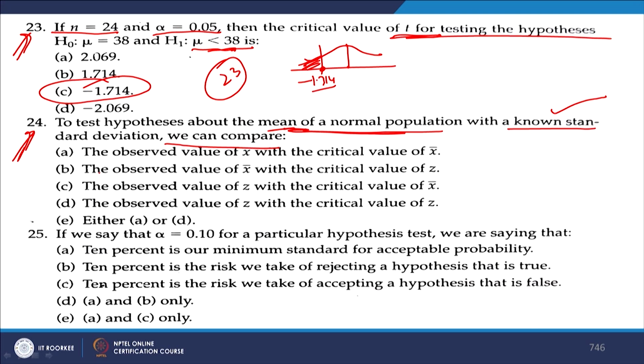Now, we can compare what? The observed value of x bar with the critical value of x bar, the observed value of x bar with the critical value of z, the observed value of z with the critical value of x bar, or the observed value of z with the critical value of z.